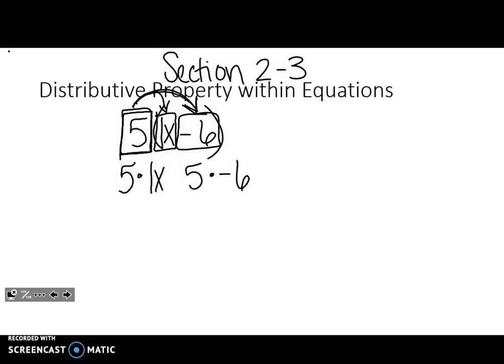So 5 times 1x is 5x, and 5 times negative 6 is negative 30. So this problem, simplified, is 5x minus 30.